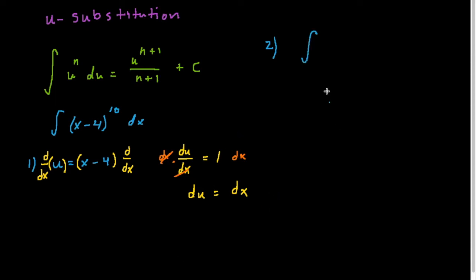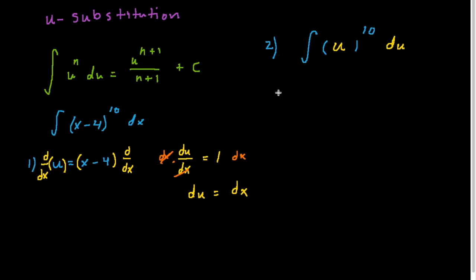Instead of x minus 4 to the 10th, we'll have u to the 10th power. And instead of dx, we'll have du, because we said u is equal to x minus 4, and dx is equal to du.